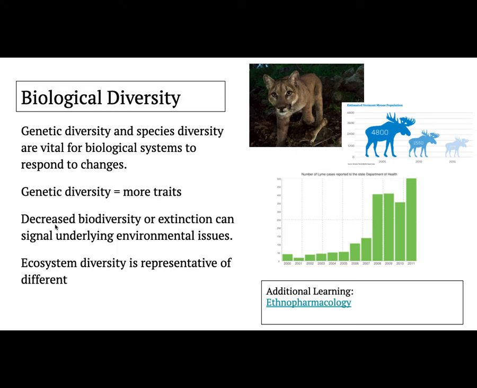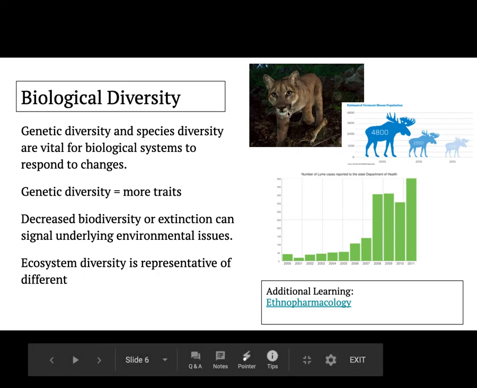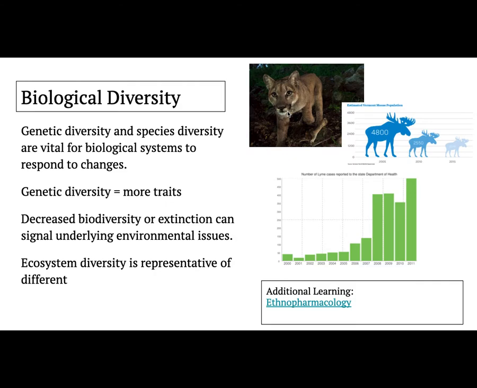To give you some examples, mountain lions used to be very popular in Vermont's ecosystems, but with changing environments, we deforested a lot of Vermont, plus active hunting led to a decreased population with less diversity that ultimately led to extinction.